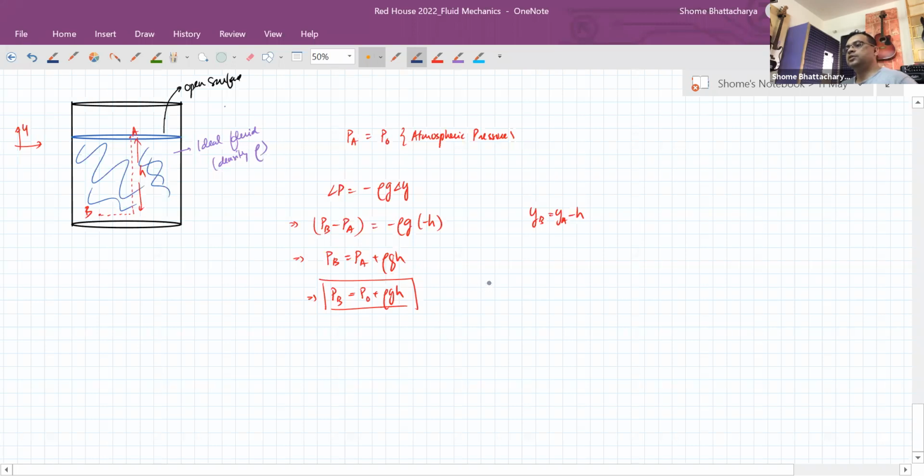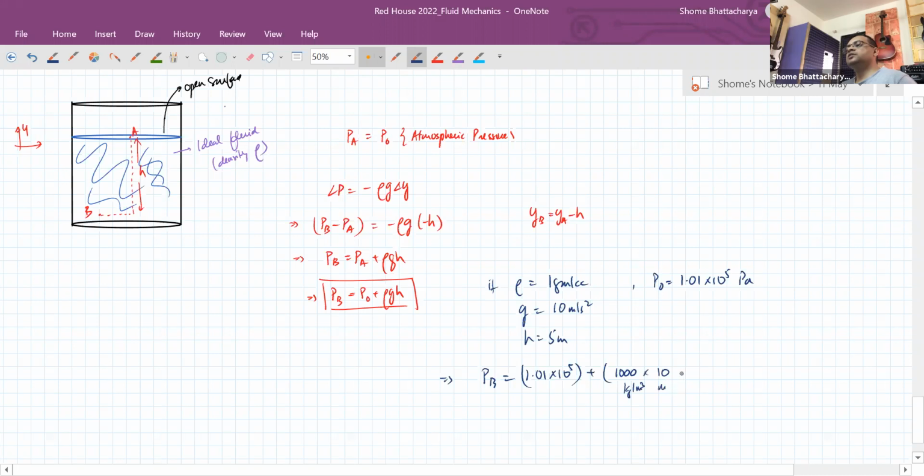So for example, if density is 1 gram per cc, g is, let's say, this much, and the height is 5 meters, and we are taking atmospheric pressure as 1.01 into 10 raised to 5 pascals, then the pressure at the point B will become 1.01 into 10 raised to 5 plus 1000 in kg per meter cube, multiplied by 10 in meters per second square, multiplied by 5 in meters.